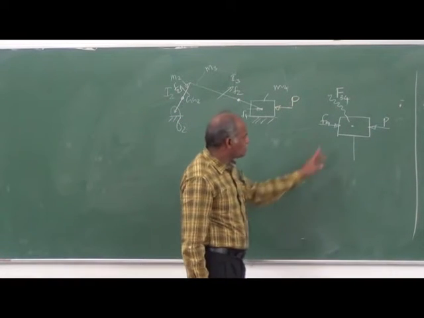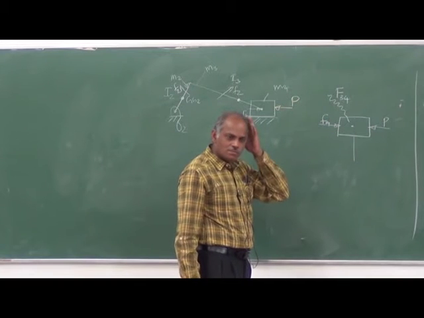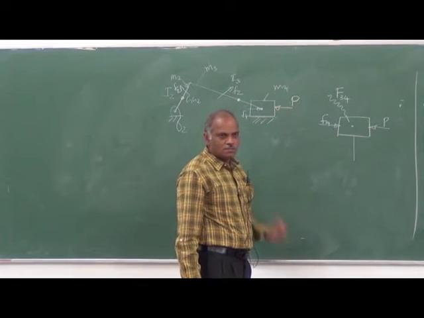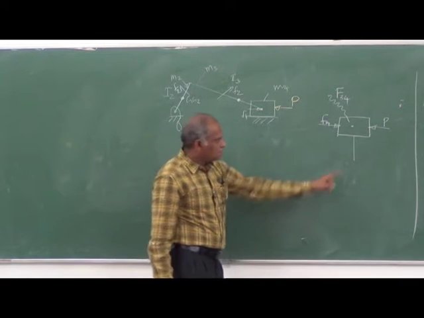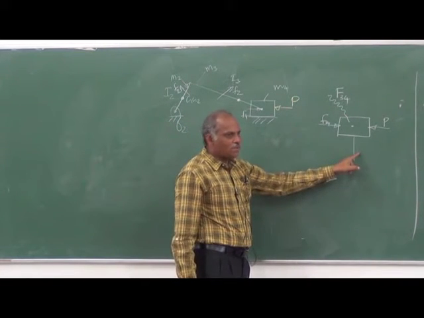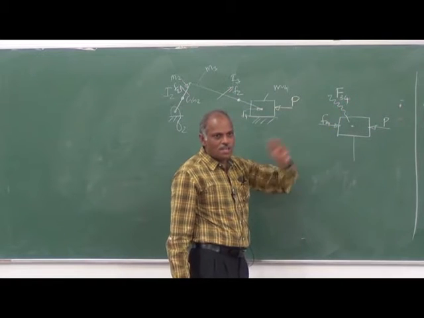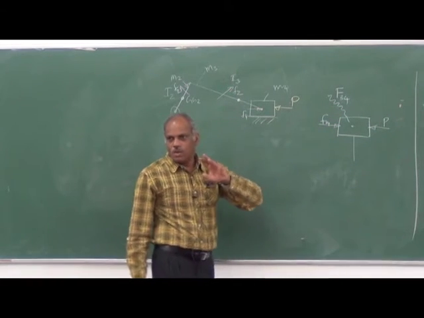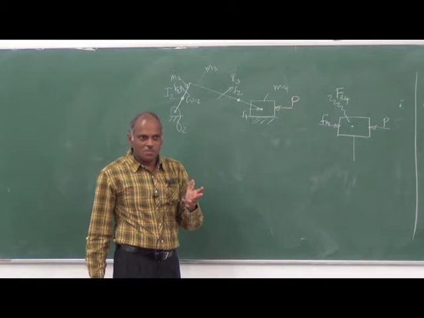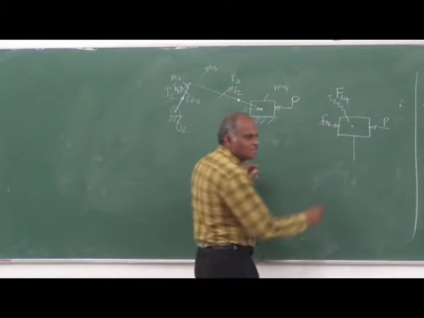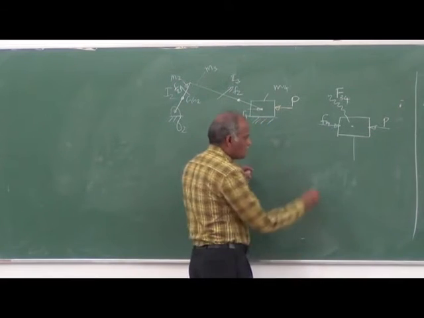Now look at this particular case. How many unknowns are there? 3 unknowns. So this magnitude is not known, here magnitude and direction. 3 unknowns are there. So it can be solved, isn't it? But look at this specific case.